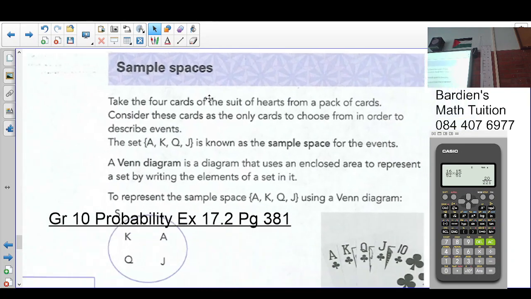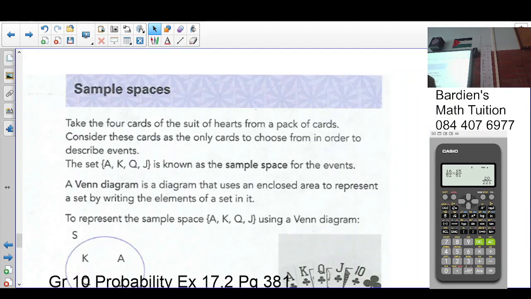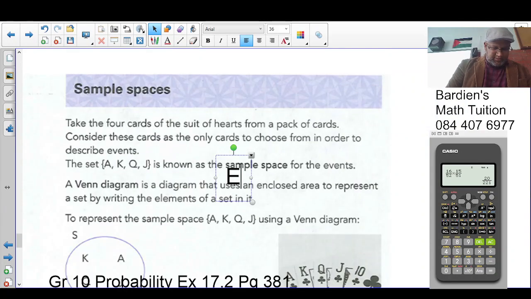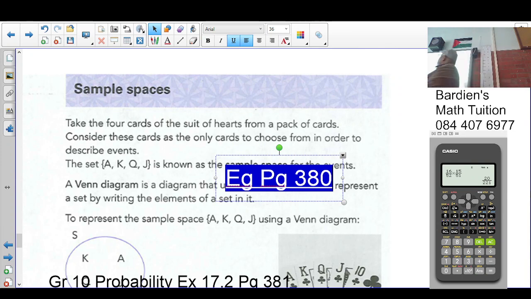Okay. So sample space, we're reading from page 380.